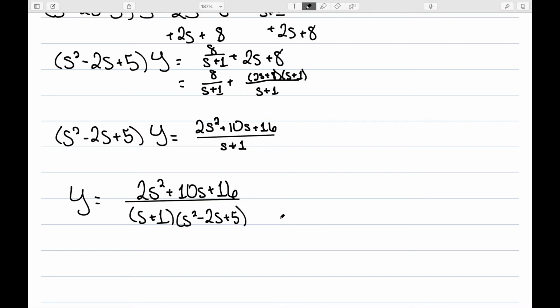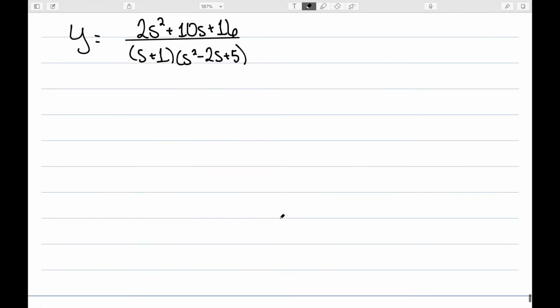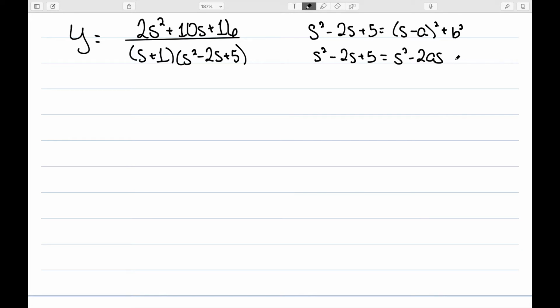And now we need to look at taking the inverse transform, and that's going to require a little bit of work. Let's start with the s squared minus 2s plus 5. This can't be factored, so we want to write this as s minus a squared plus b squared. That tells me I have s squared minus 2s plus 5 is equal to s squared minus 2as plus a squared plus b squared.